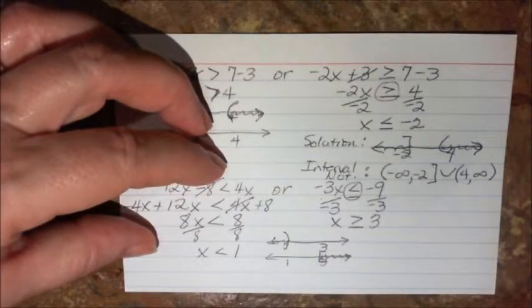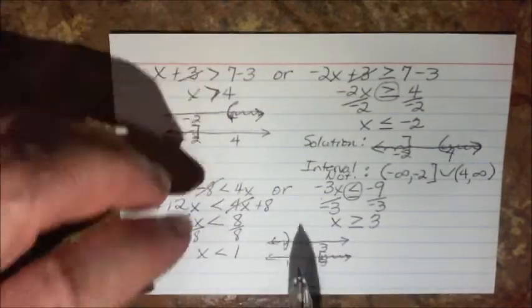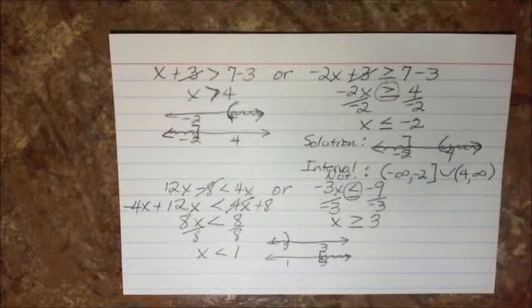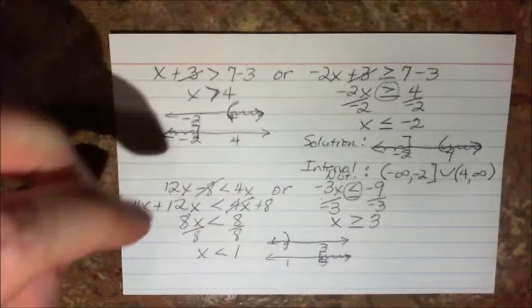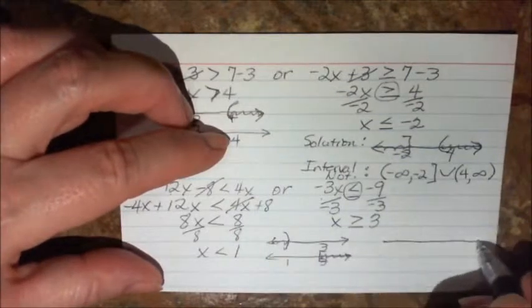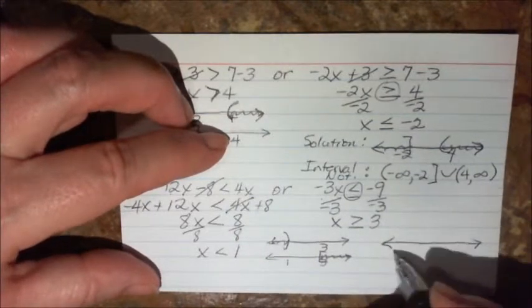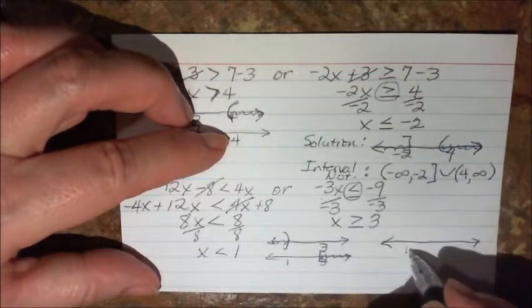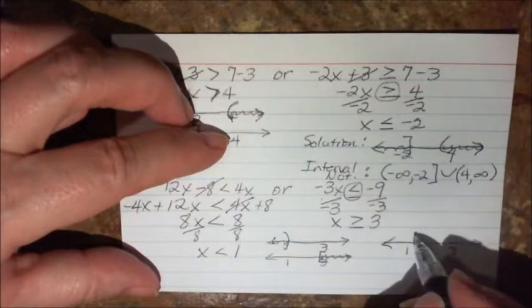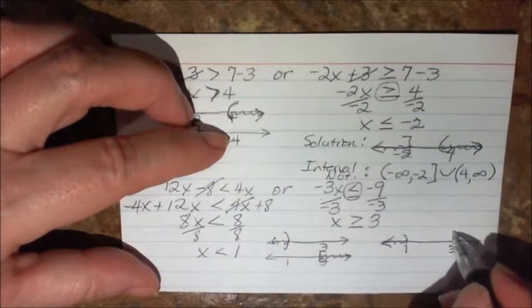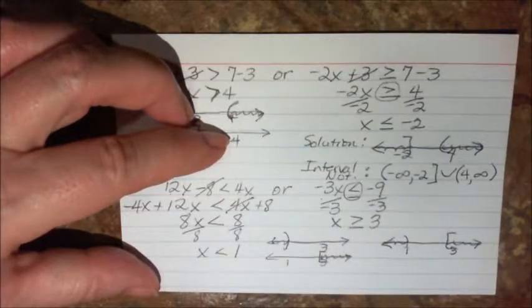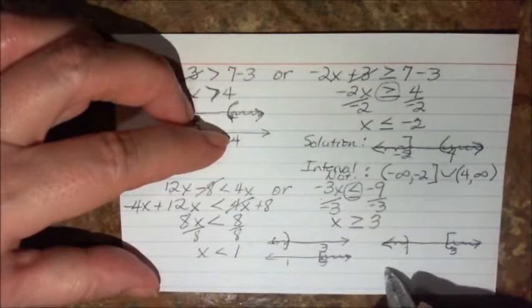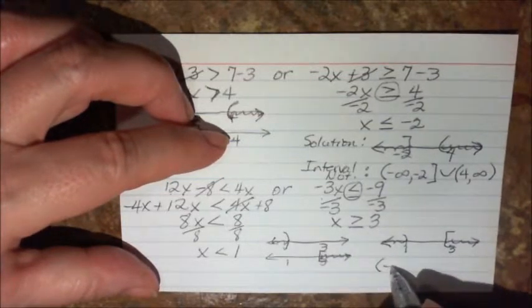And again, this one is connected with the word or, so we should show everything on our solution graph. So we have numbers 1 and 3, and again, this has a gap in it, doesn't it? Okay, so our interval notation then would look like this.